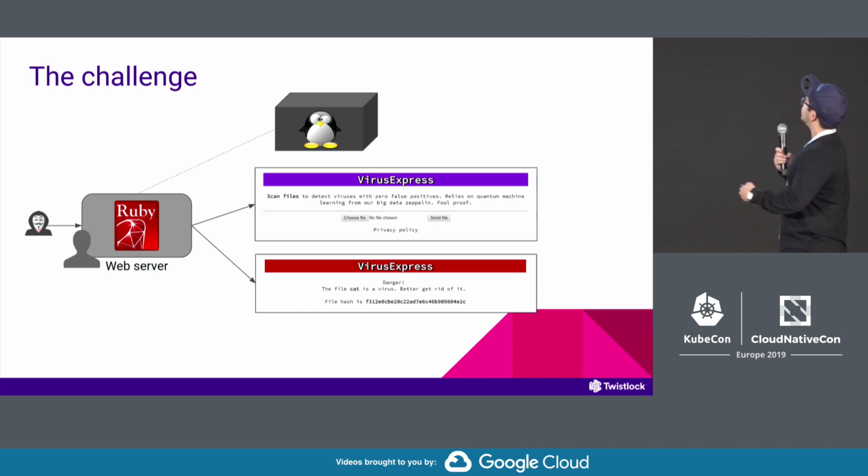This is what the challenge looks like from the first entrance point. You have some Ruby server that we wrote, and the user gets an API for uploading the file, and if he uploads the cat, he gets this virus danger screen, and you would want to get rid of that screen and have it pass.